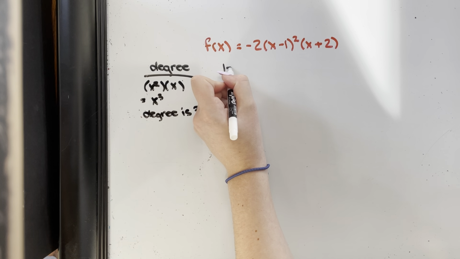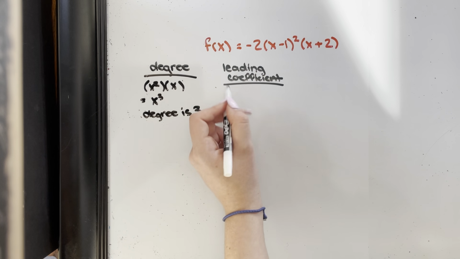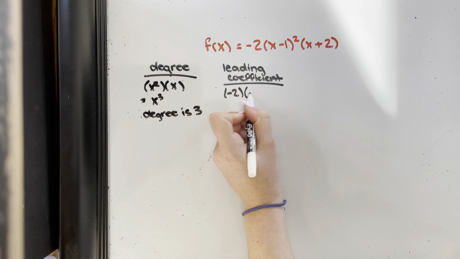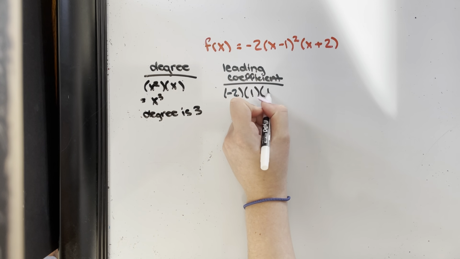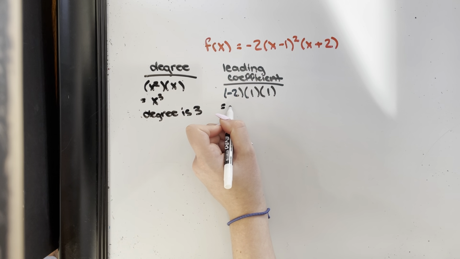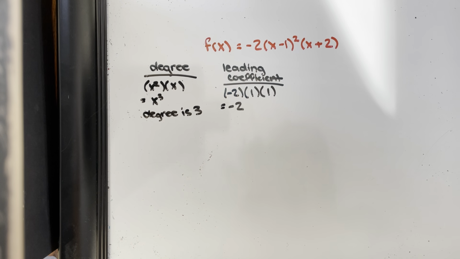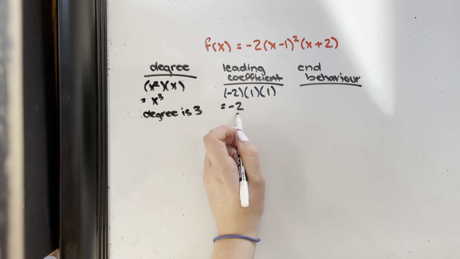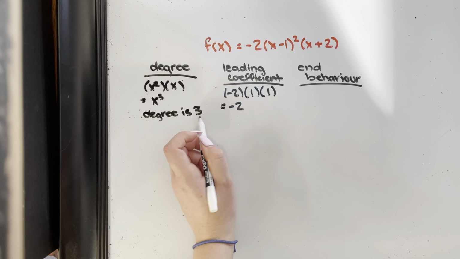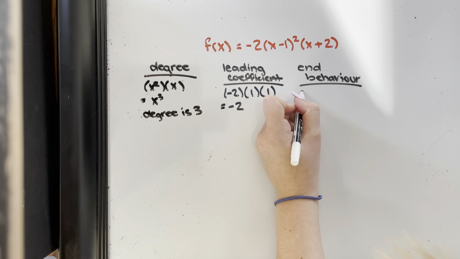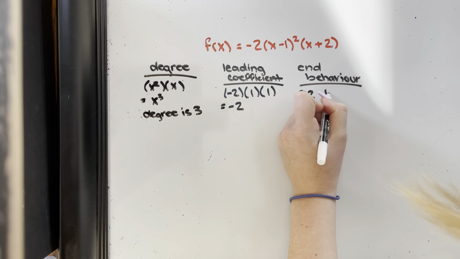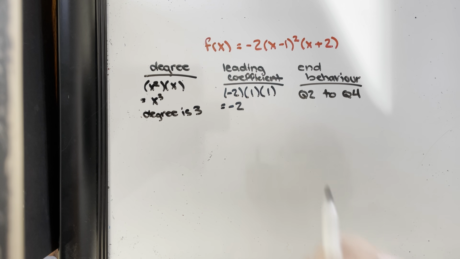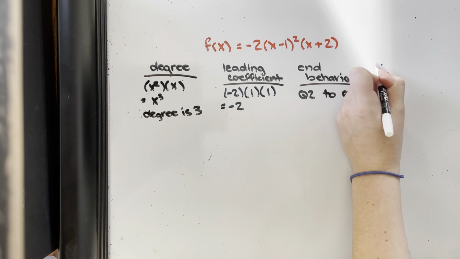And now the leading coefficient, we have a -2, and then a 1, and a 1. So in this case, the leading coefficient is going to be -2. And now we're going to find the end behavior. Since the leading coefficient is negative and the degree is odd, the end behavior is going to go from quadrant 2 to quadrant 4.